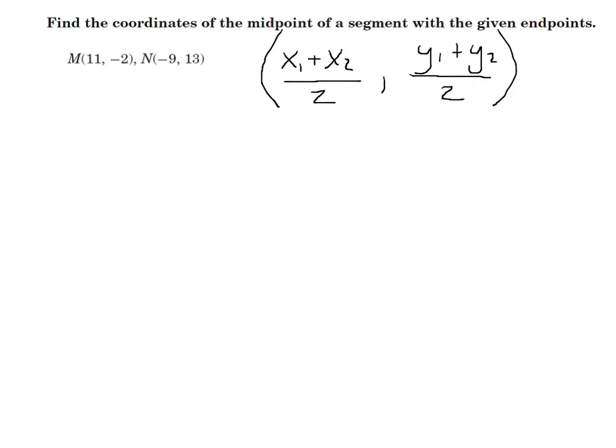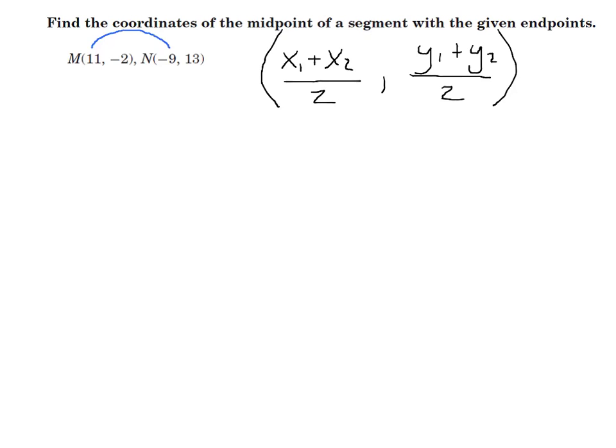So, first identify what my x sub 1 and x sub 2 are. That's the x coordinate from the first point and the x coordinate from the second point. So I'm going to average together 11 and negative 9. Now watch out, there's negative numbers here.